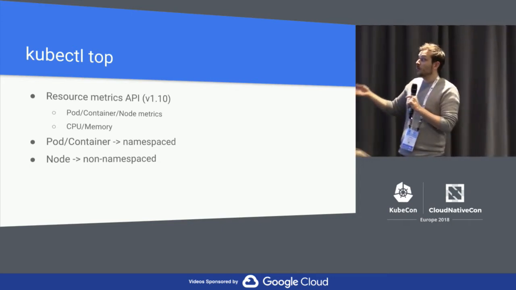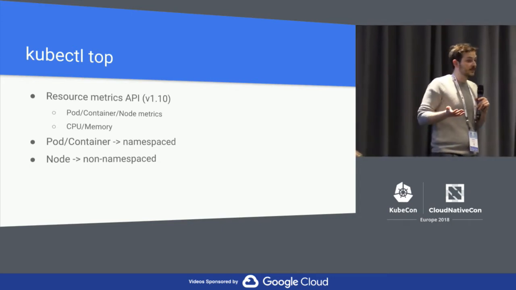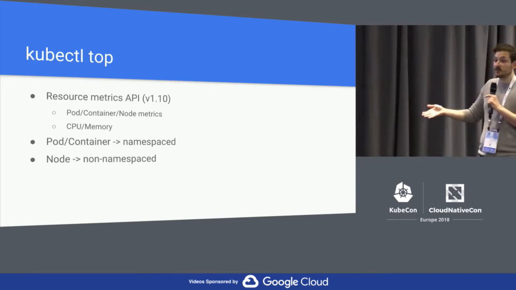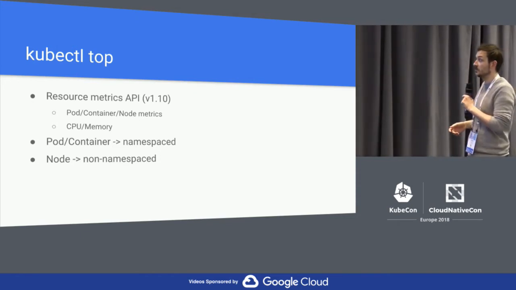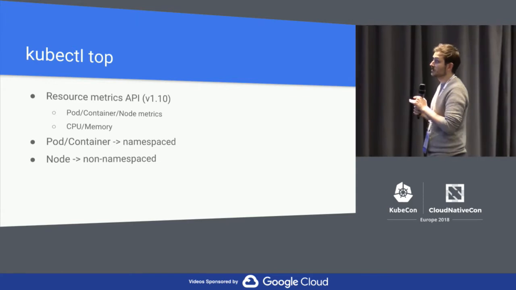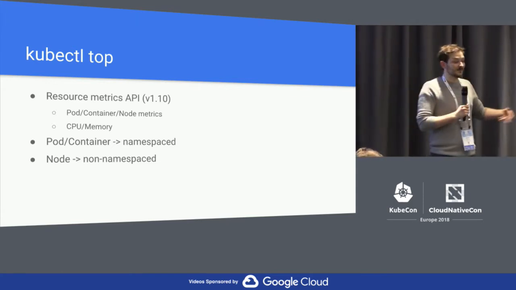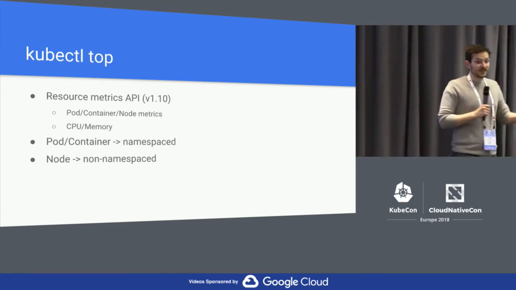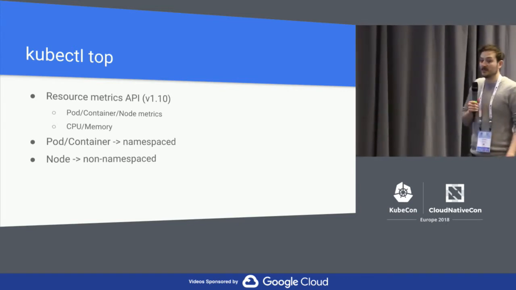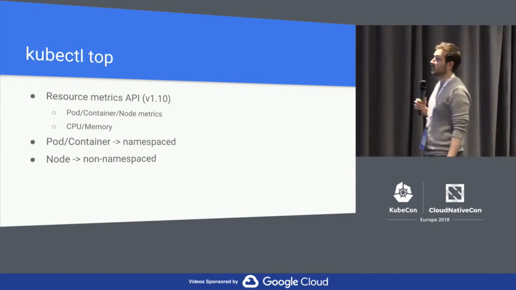But finally, with Kubernetes 1.10, we've arrived at a point where the last bit has been migrated, which was kubectl top, to use the resource metrics API. It's not particularly spectacular, but finally this is the last piece that was necessary to be migrated.